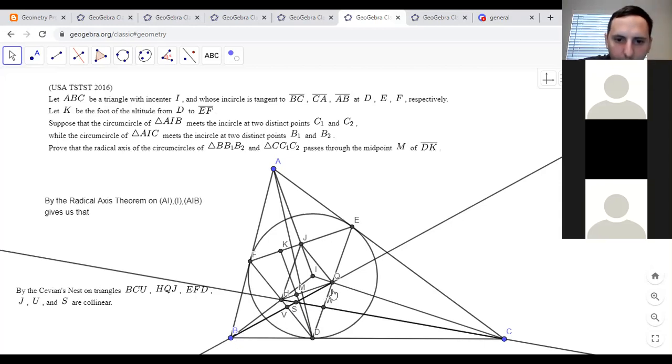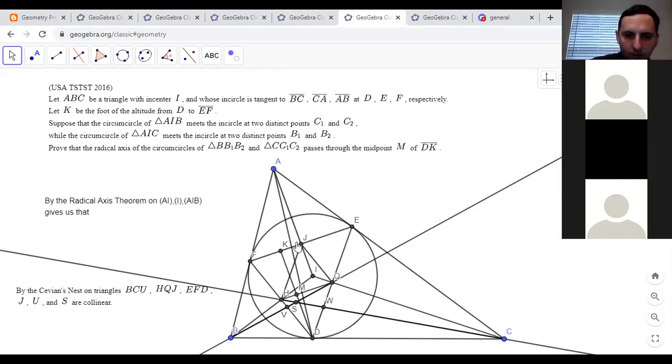And that will be 90 minus QCW. Basically, BHQC is cyclic, is what you're saying, right? Yeah. So angle V is equal to angle W. Okay. So angle H will equal angle Q.